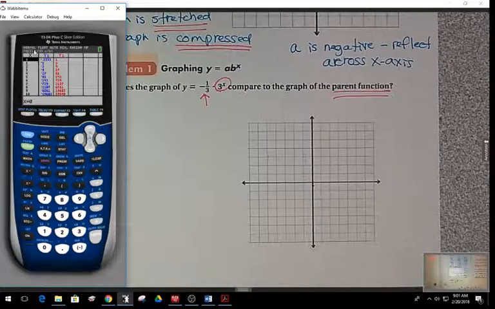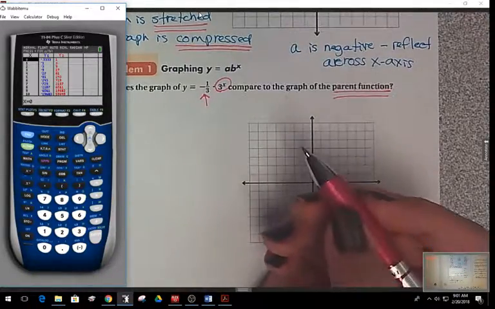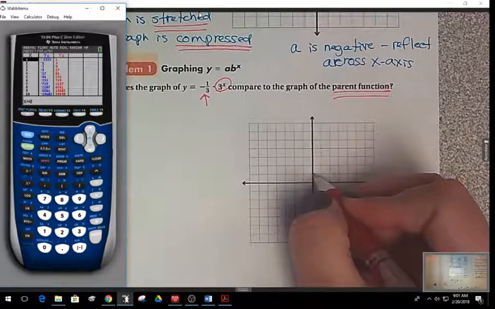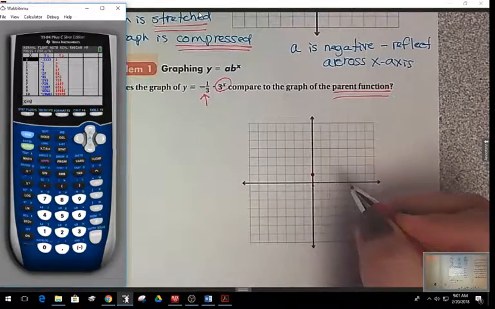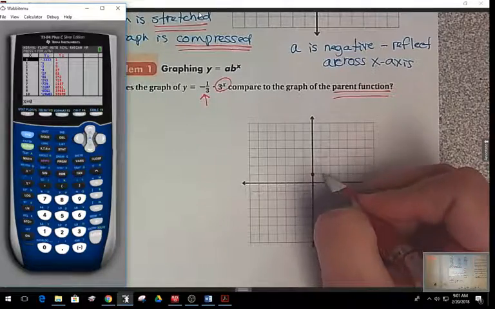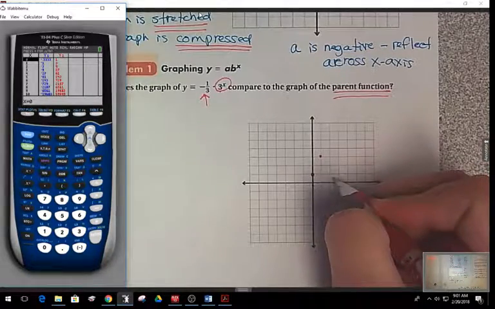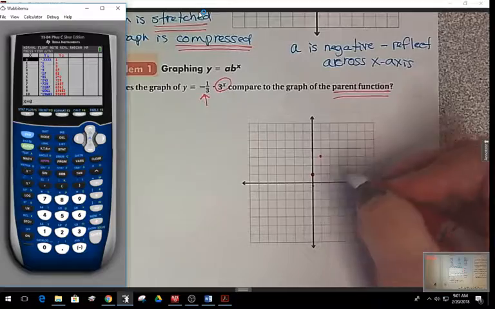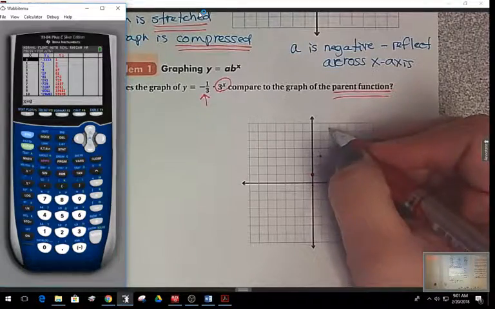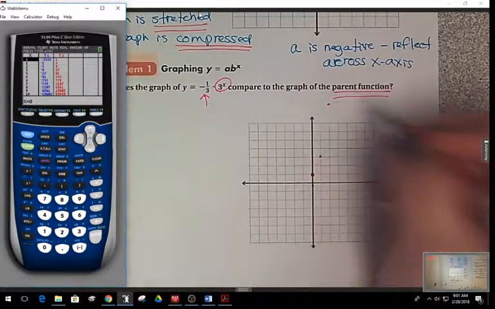Your parent graph uses the x column and the red y column. So I can take and plot those points. Let's plot the parent graph first. That's going to be 0, 1, 1, 3, and 2, 9. It's going to be up here.